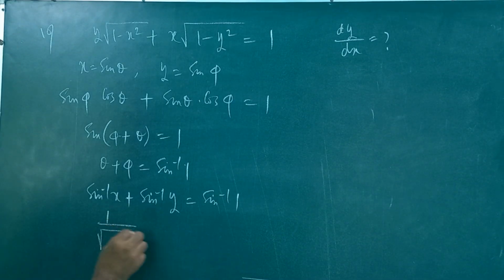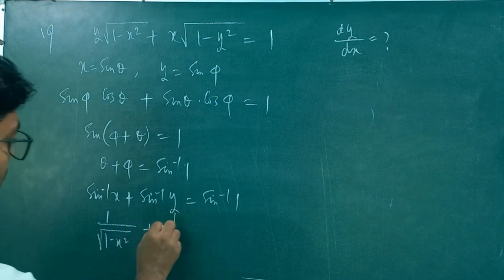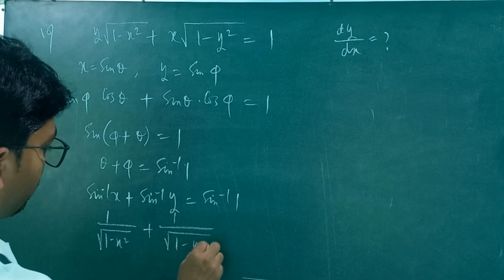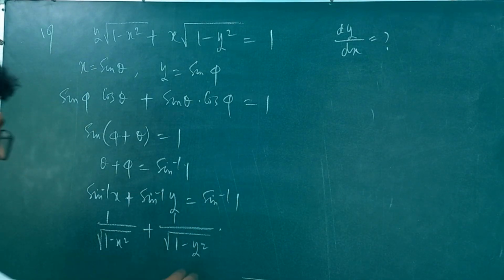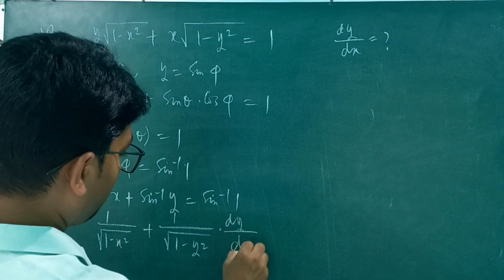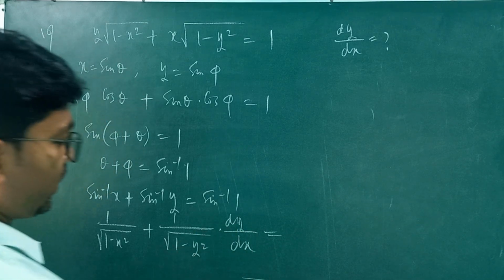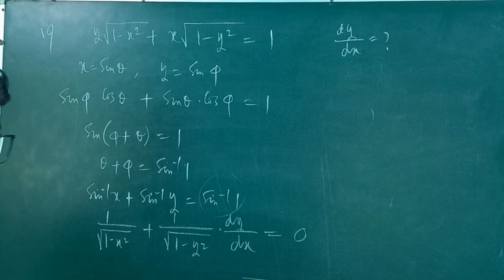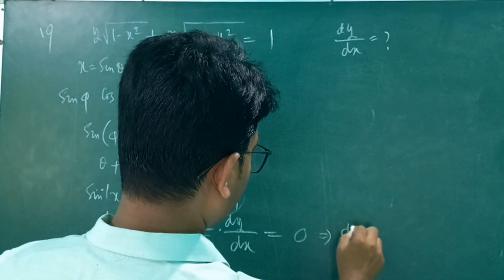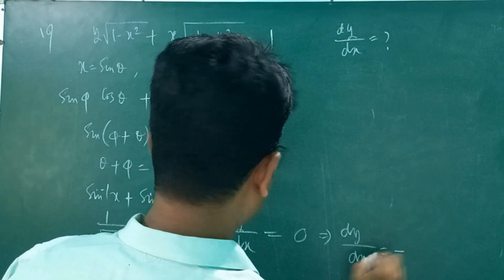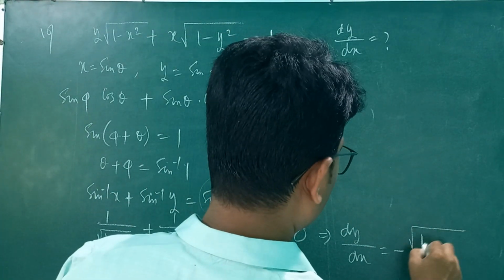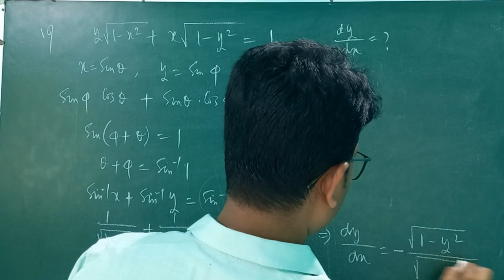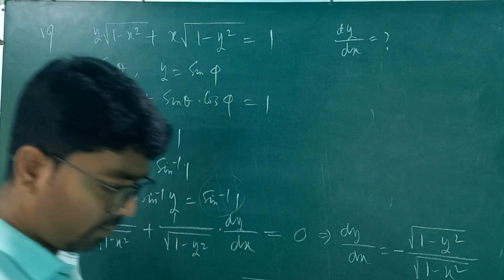Then 1 by root over 1 minus x square plus 1 by root over 1 minus y square, but this is a function of y, so by chain rule you have to multiply dy dx, and the right side derivative is 0. So result is minus root over 1 minus y square by root over 1 minus x square.